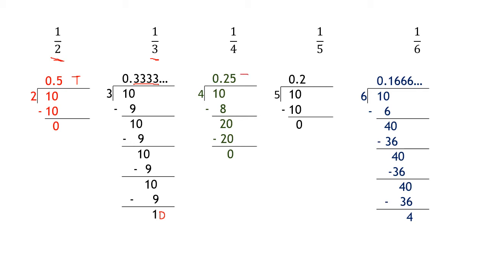Again, 1 upon 4 is terminating. Yes, it ends. The remainder is 0. 1 upon 5 is also terminating. Remainder is 0, and 1 upon 6 is not terminating but it is recurring because the pattern keeps on repeating.